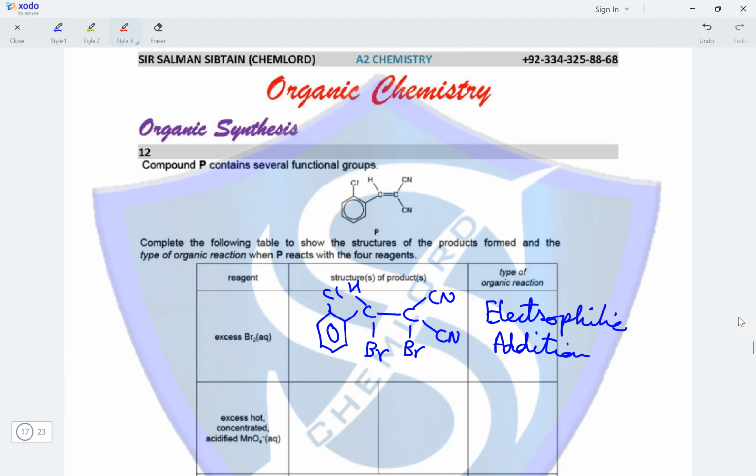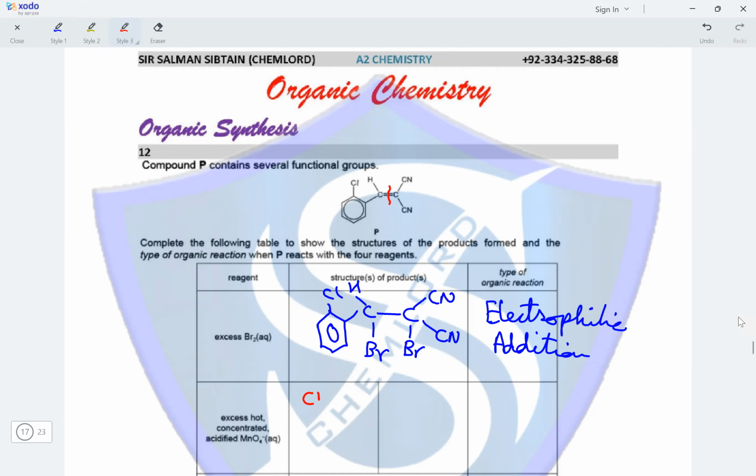Next we have excess hot concentrated acidified MnO4 minus. When hot concentrated acidified MnO4 minus ion reacts, the double bond would rupture, producing two carbonyl compounds.